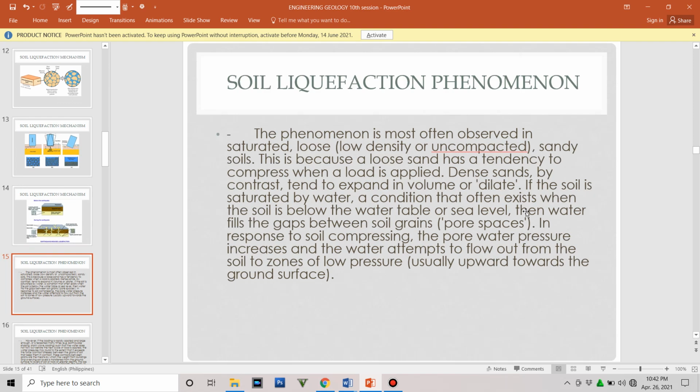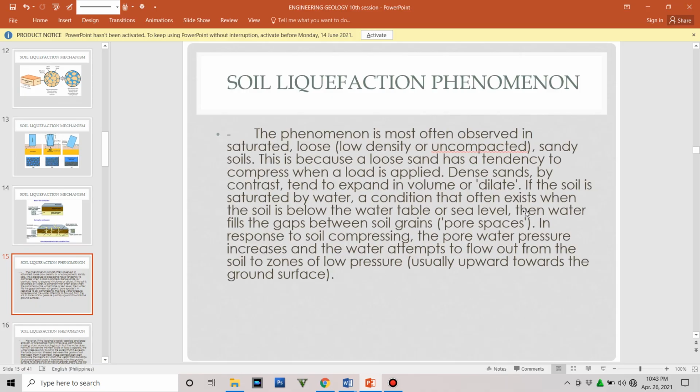Of course, mas mababa dun sa area ng paa mo, because the load is concentrated on the area itself. So there will be a migration of the volume. So that is the best example on how to explain the dilate.